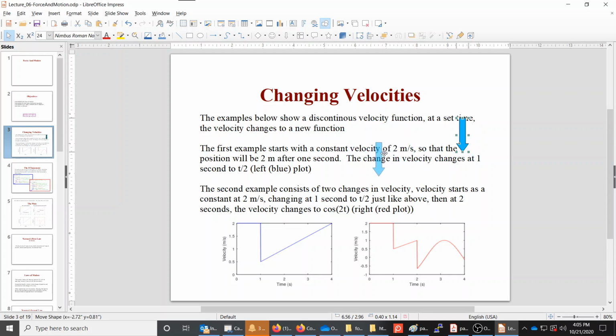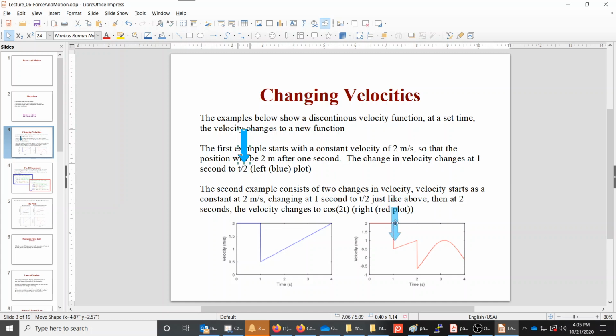It doesn't have to be a time factor; it could be something else causing that change to happen, but this example is just using time. So in the first example, we just have the one change, from a constant value of 2 to 1/2 of whatever the current time is.